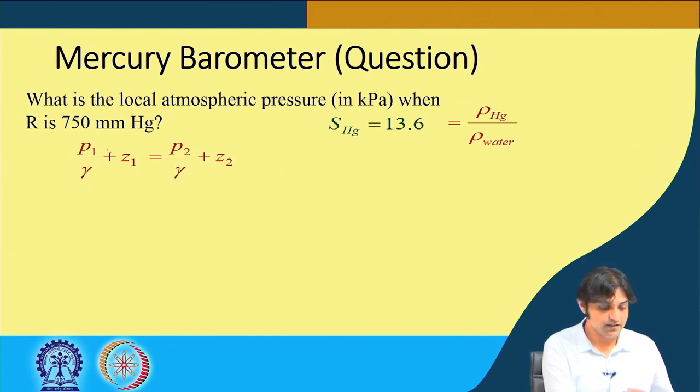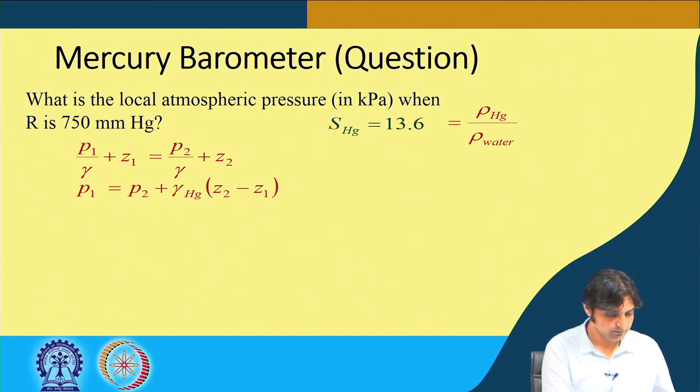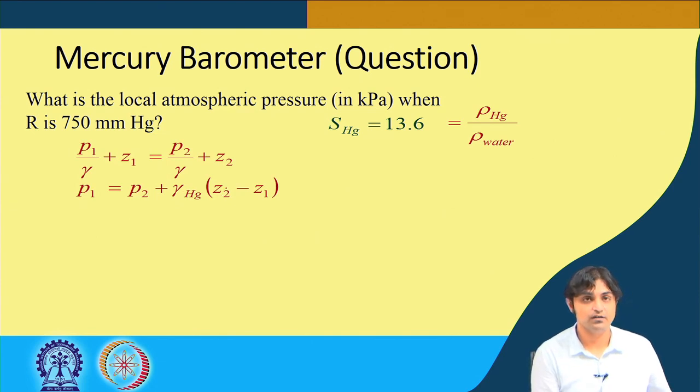We have seen this equation, piezometric head is constant. So we can also write, let me erase this one, P1 is equal to P2 plus gamma Hg into Z2 minus Z1. Okay. We are putting this piezometric head equation between point 1 and point 2, and we want to calculate the pressure at P1.